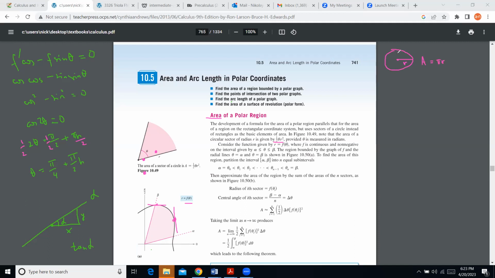Whenever you have a circle, there are two formulas attached to it, pi r squared and 2 pi r, the circumference, like perimeter. So pi r squared is the area of the whole circle. So what if you take a part of the circle with angle theta? Let me make it bigger so you can better see it. Angle theta. So some part of the circle.